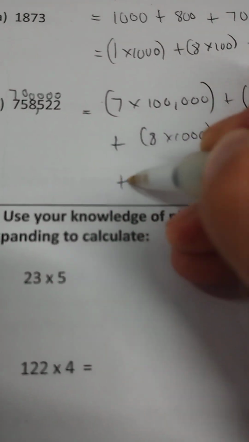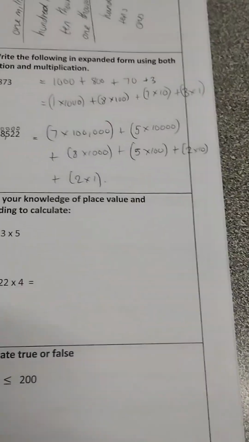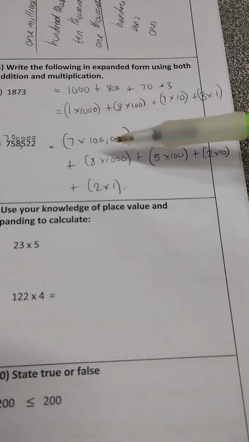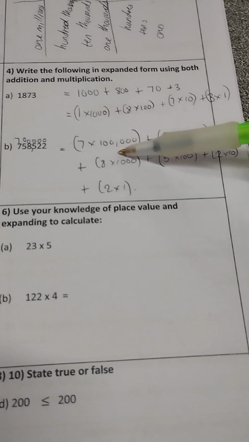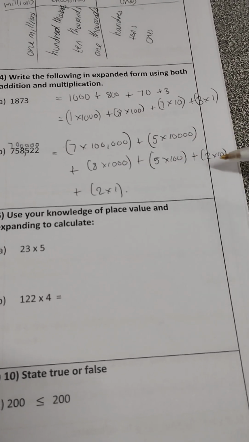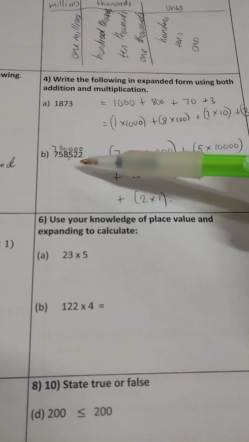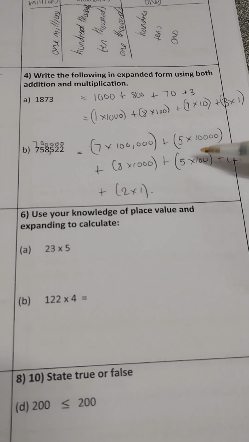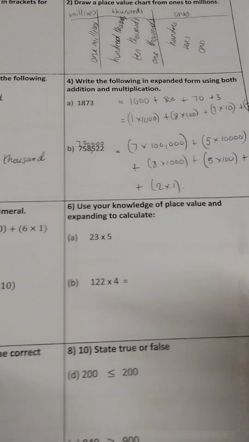And the last one is 2 ones, so 2 times 1. It's better if we wrote it all on one line, but I didn't have space there. But remember the pattern, it's just start with your most amount of zeros. In this case, it was 100,000. That's 5 zeros, 4 zeros, 3 zeros, 2 zeros, 1 zero, and no zeros. If there was any zeros in the number itself, any digit zeros, we could actually then remove any of those because there'll be times the 0. But in this case, we didn't have any.